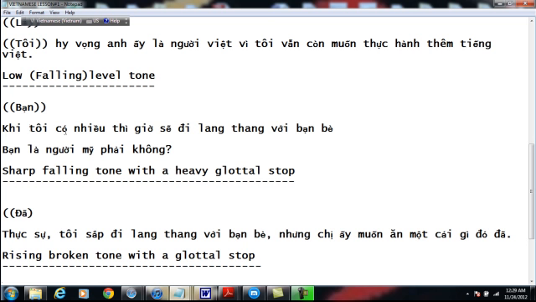Tôi, I. Có, have. Nhiều means a lot. Thì giờ means time, like free time. Sẽ is the future tense, will. Sẽ đi, I will go. Lang thang is like wandering around. Với is with, and bạn bè, friends.